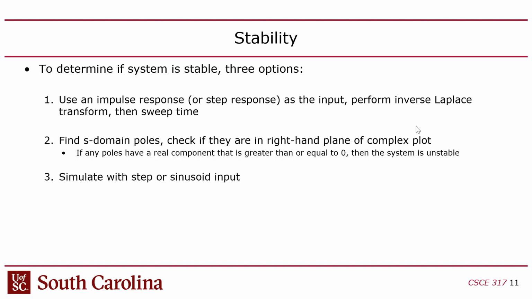The other option is to use a step response, where instead of an impulse, you use a step where at time 0, it's 1, and then at some time after that, it goes to 0 and then just stays there, right? Kind of like a clock signal, duty cycle on a clock, right? Now, what's the significance of the impulse and the step function? Why would you use those?